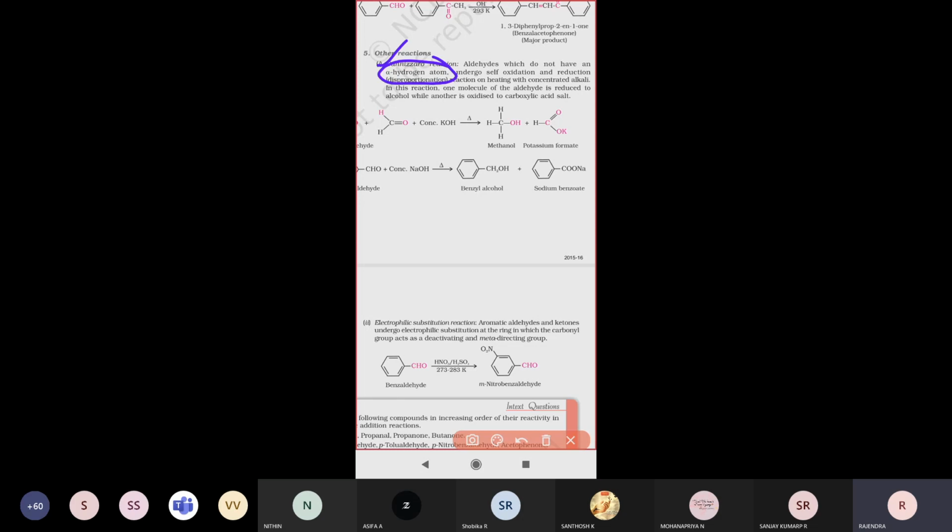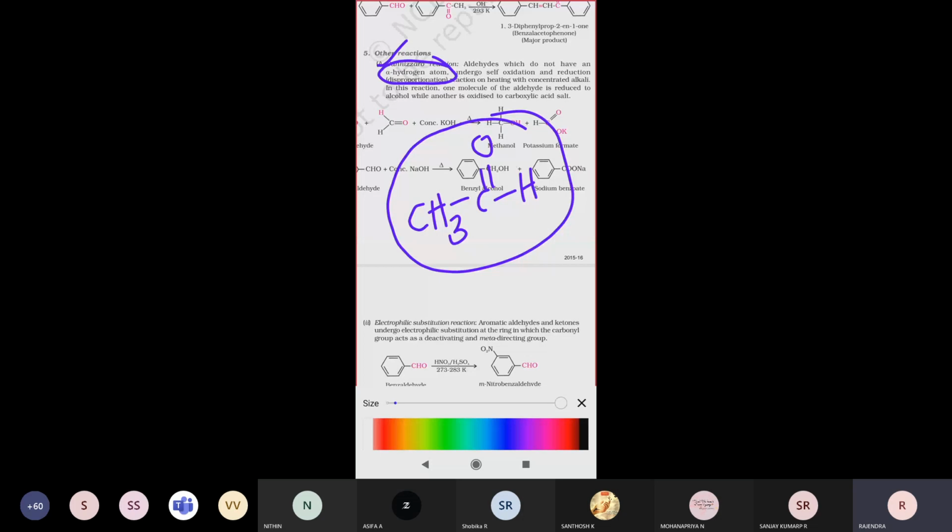For example, take CH3, C double bond OH, acetaldehyde. Is an alpha hydrogen atom present or not? What do you always call the carbon adjacent to the functional group?